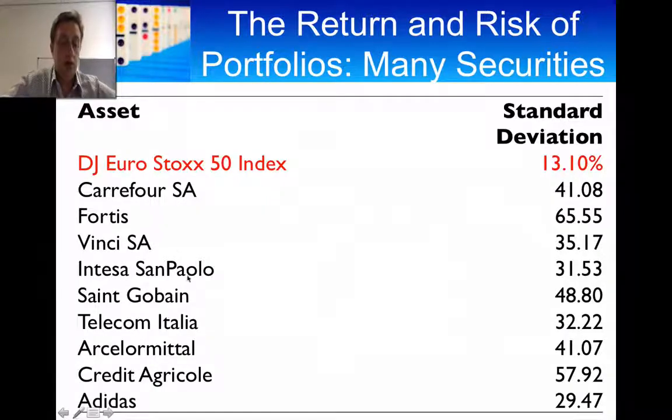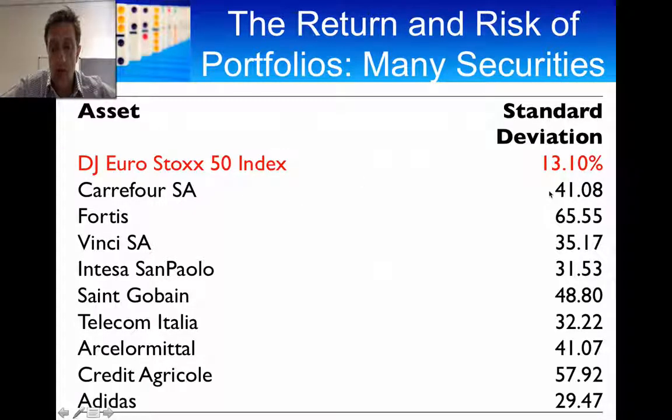What I've done is I've gone on to the Euro Stocks Index, and I've looked at the standard deviation of returns for a number of companies that are in the Euro Stocks 50 Index. Now, the Euro Stocks 50 Index is the index of the largest 50 companies that are traded in euros. And basically they span the whole of Europe. Now you can see that it's 50 companies.